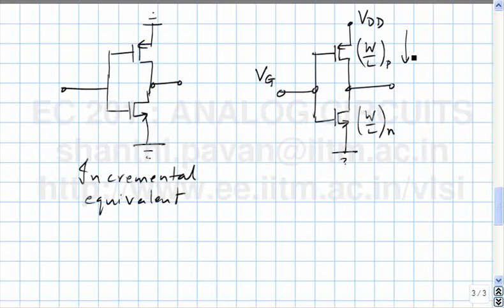I know that the drain current of the PMOS transistor is the same as the drain current of the NMOS transistor.